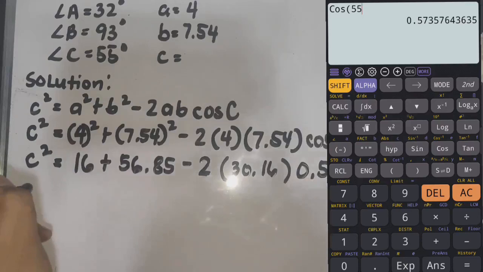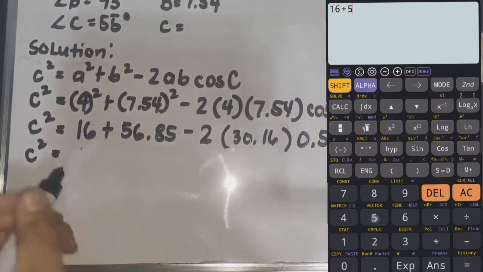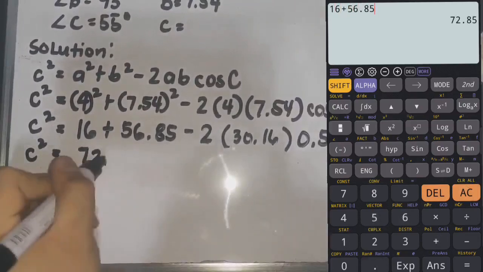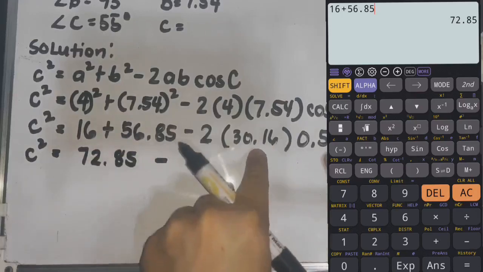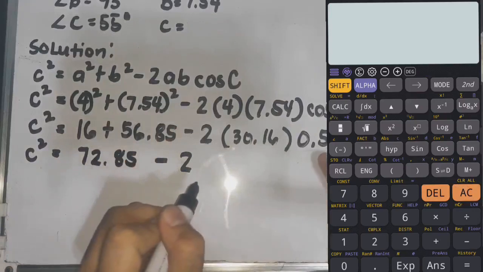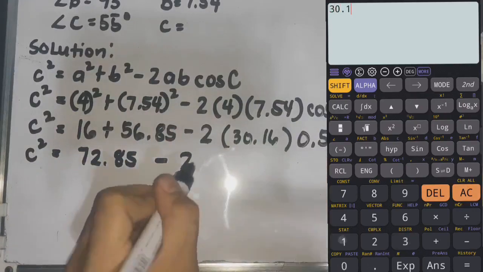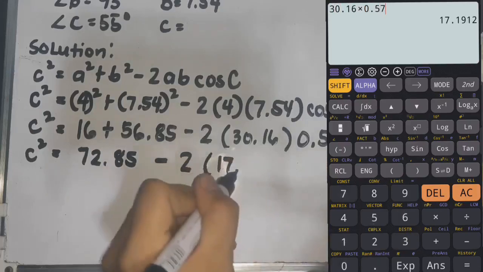Then, simplify. C squared is equal to, kaya i-add natin, 16 plus 56.85 is 72.85. Then, multiply muna natin itong dalawa. So, bring down muna natin yung 2. 30.16 times 0.5736 is 17.30.